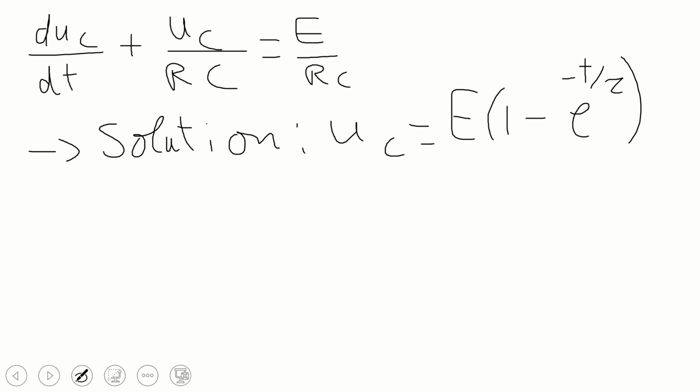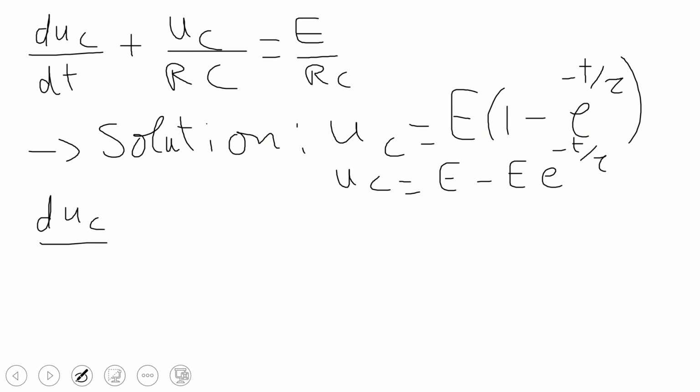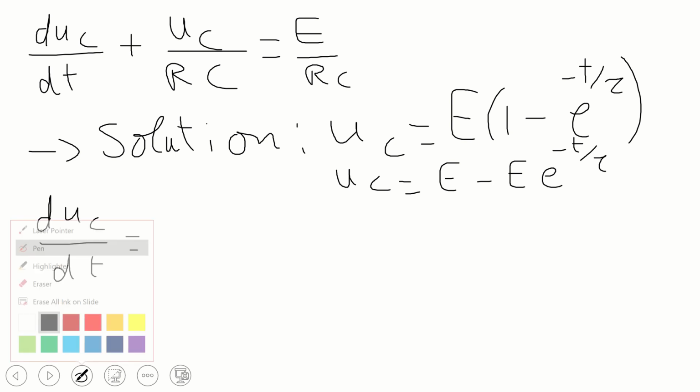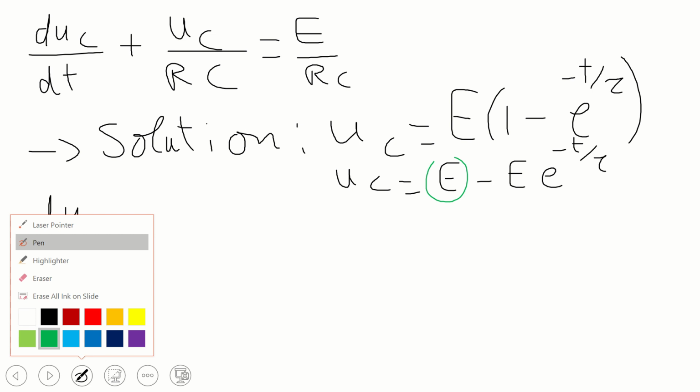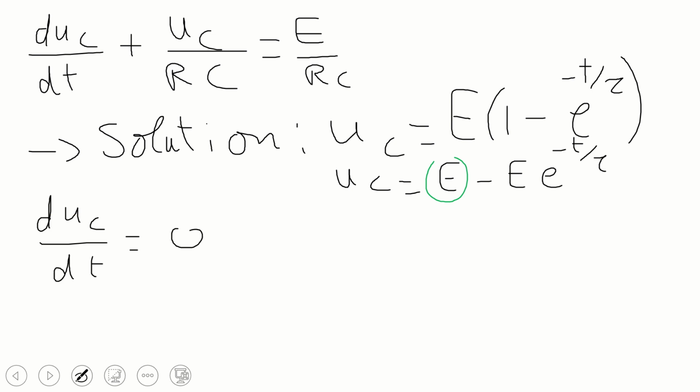First of all, we search for the derivative of UC. Let's write UC as E minus E exponential minus t over tau. I simply multiplied by E. Then its derivative duc over dt equals the derivative of the constant E, which is 0.